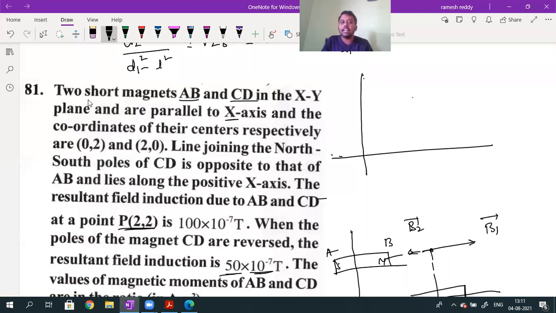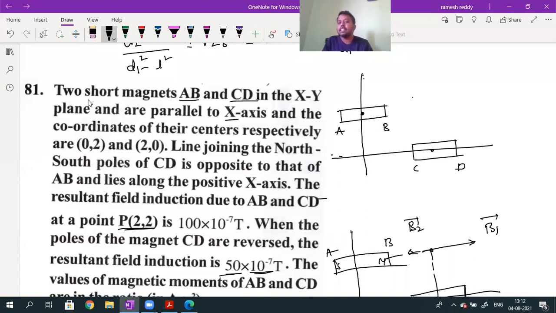Two short bar magnets, AB and CD. This is CD, and this is AB. How do I know AB is on the y-axis and CD on the x-axis? The coordinates of AB are 0, 2.